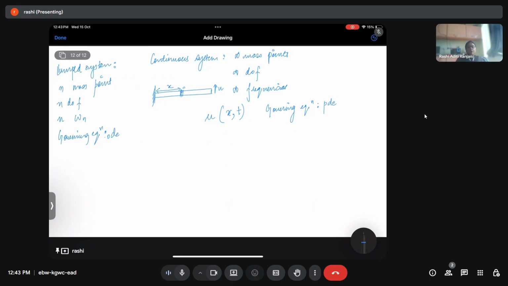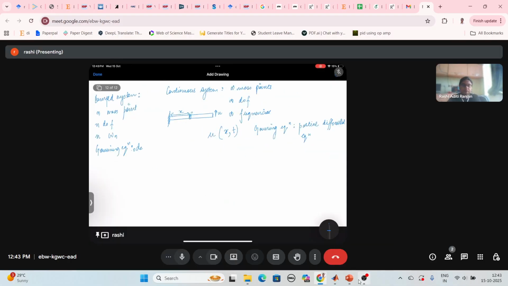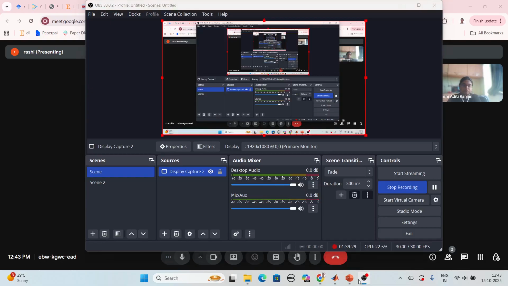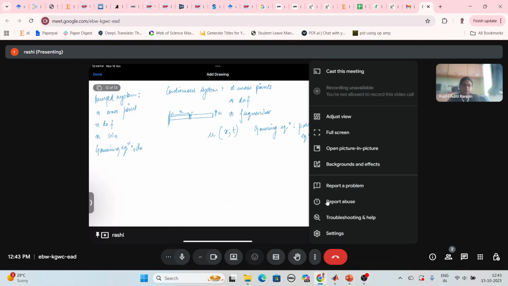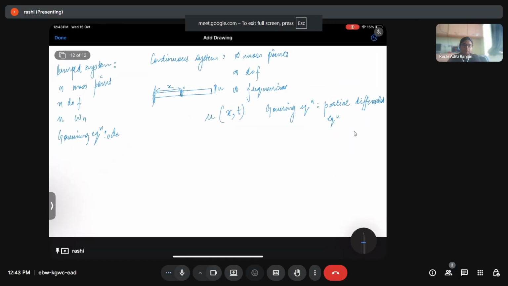So the governing equation is going to be a PDE, which is a partial differential equation.